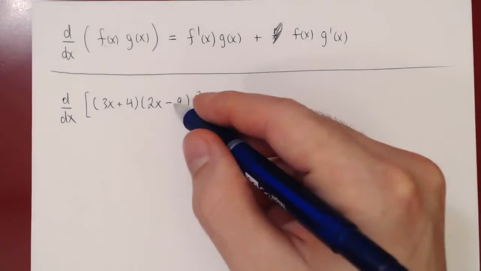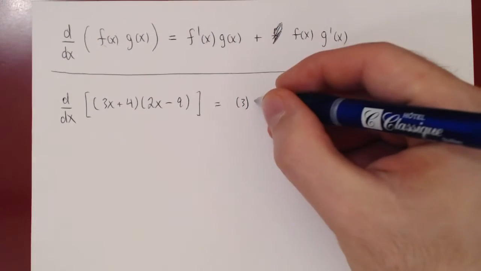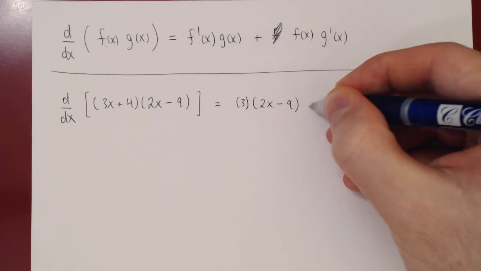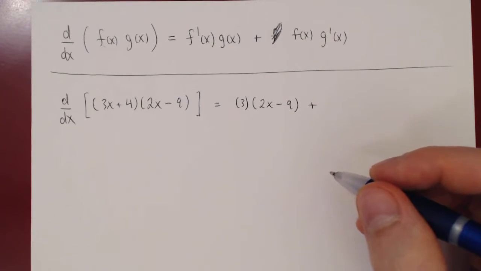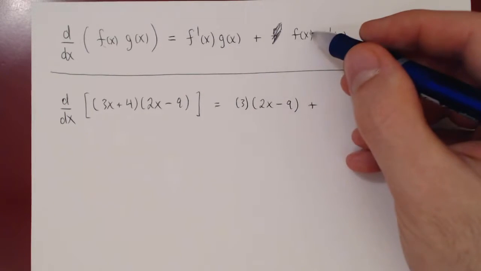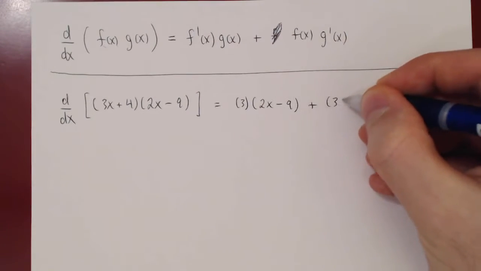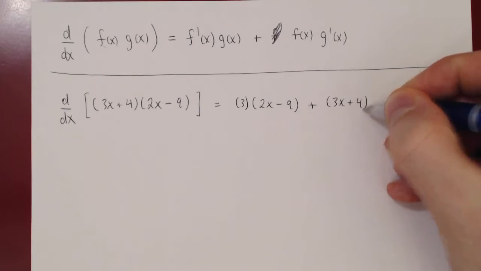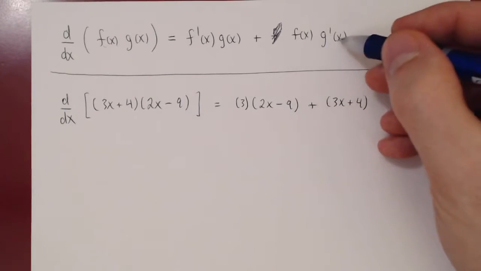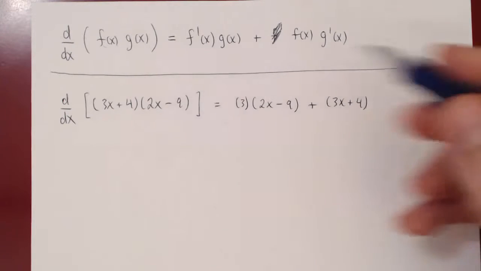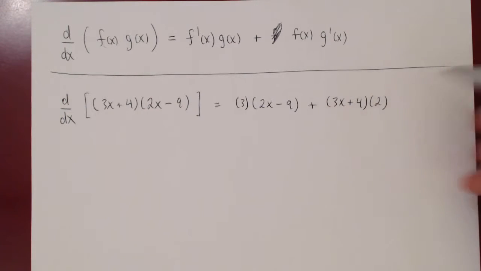Times the second function g of x, so that's 3 times 2x minus 9, plus, and now we flip the role of the derivative, so plus the first function, 3x plus 4, times now the derivative of the second function. The derivative of 2x minus 9 is just 2.